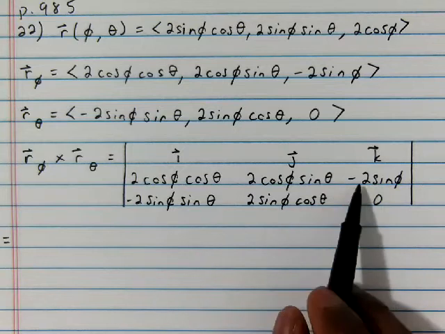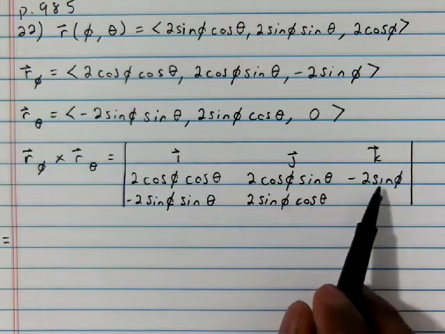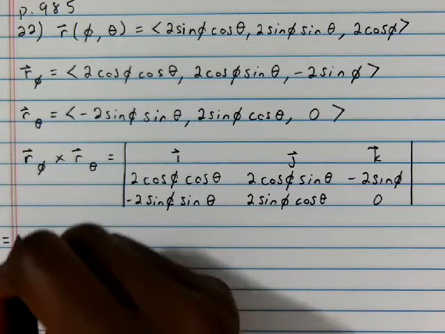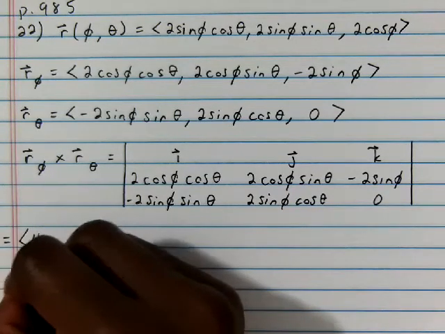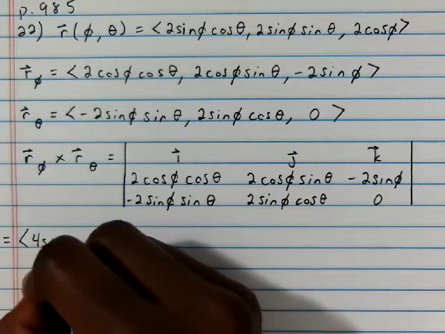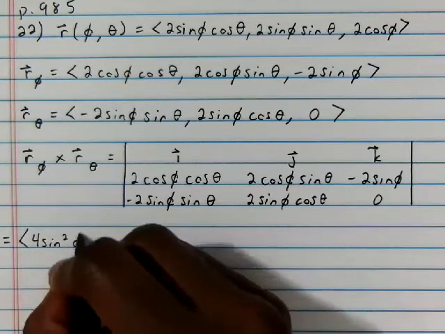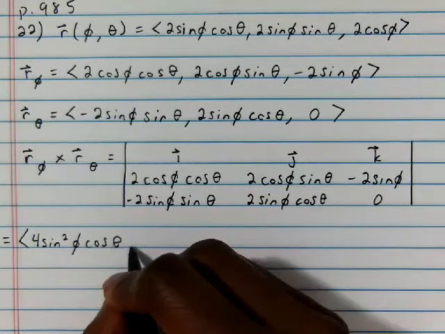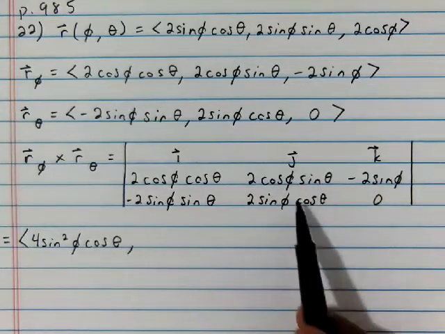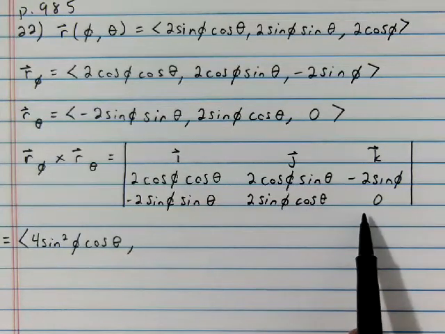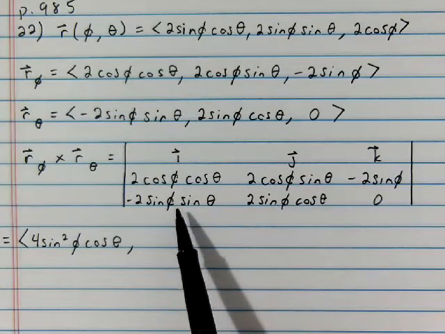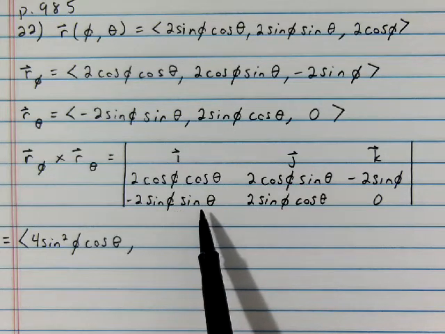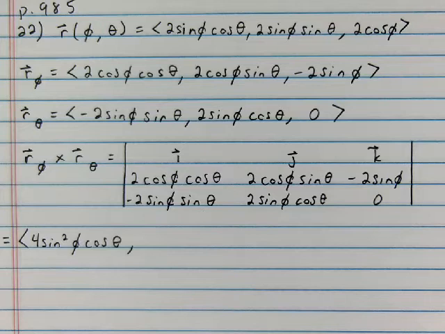So we're going to get 4 sine squared phi times cosine theta. And then ignoring this, we're going to get 0, and then minus 4 sine squared phi sine theta. But then we're going to have another minus sign.